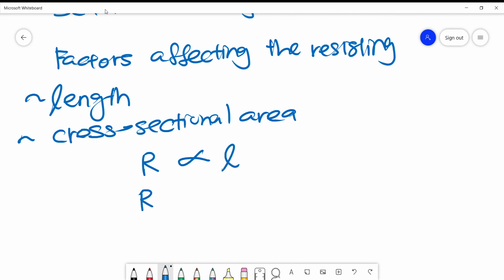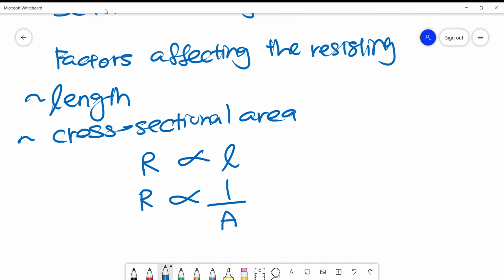For the second relation, the smaller the cross-sectional area, the higher the resistance, so R is inversely proportional to the cross-sectional area.